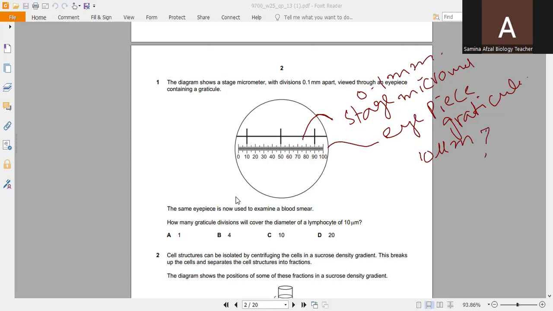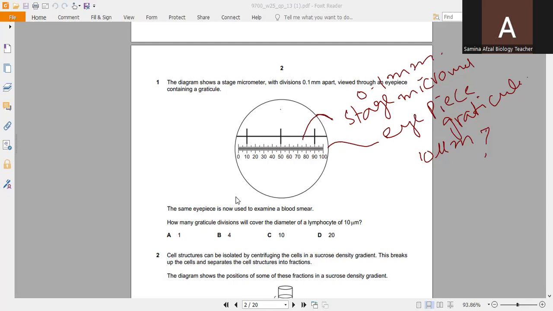Now we have to calibrate the eyepiece graticule to find the correct option. The first large vertical line is on 10, the other is on 50, and the third one is on 90. So the distance between 10 and 50, and 50 and 90, is about 40.